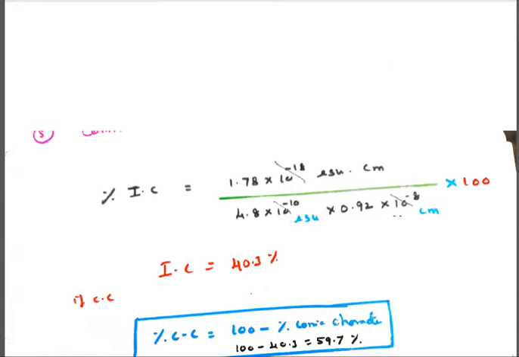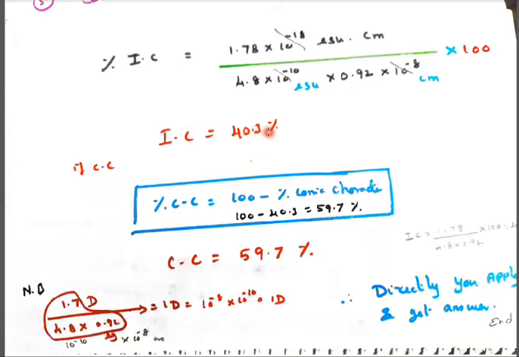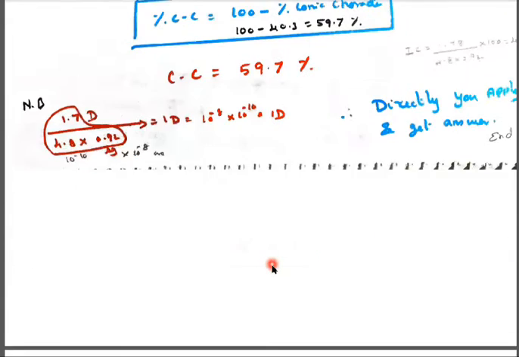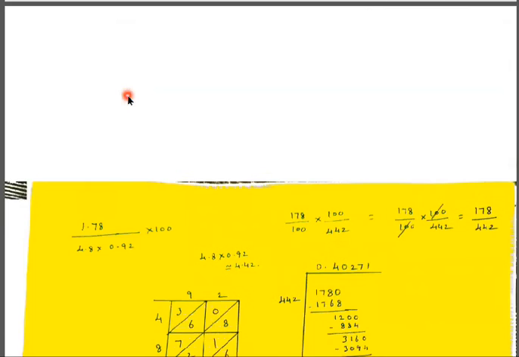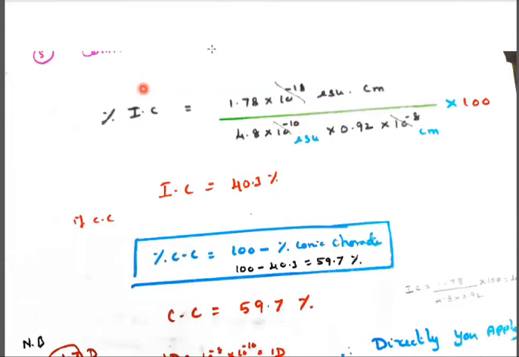So the percentage is 40.3. Let us see the calculation part. Simplifying, 10 to the power of minus 8 and 10 to the power of minus 10 comes to 10 to the power of minus 18, and the numerator also has 10 to the power of minus 18.